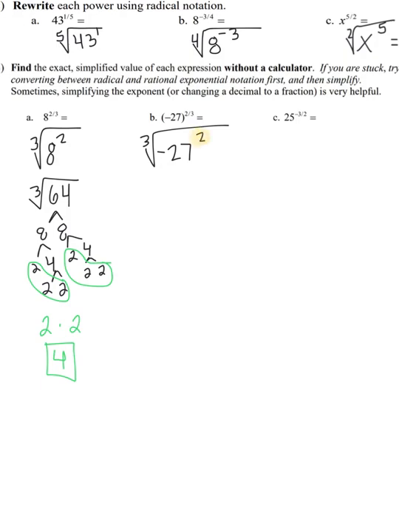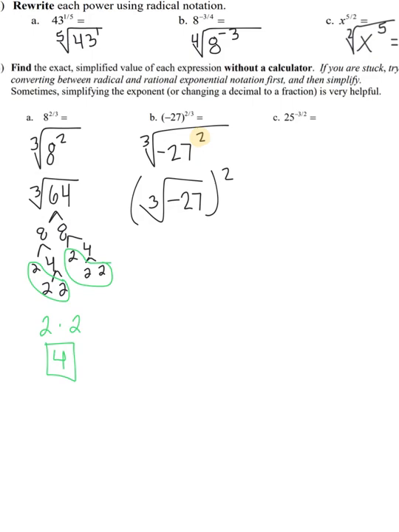This exponent, the squared part, there is actually a slightly different way to write that exponent. Okay, so you would keep the cube root. We would still have negative 27, but you can move that exponent. We can move it outside the entire radical, so that entire cube root of negative 27 squared.